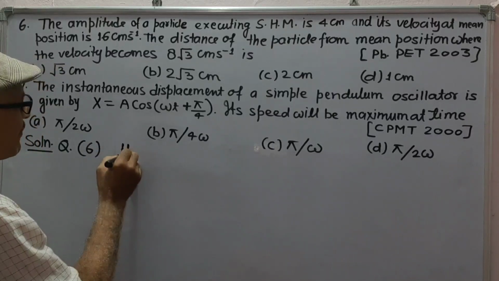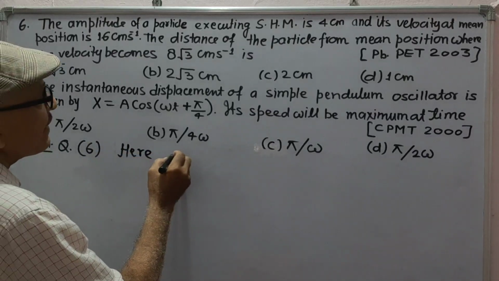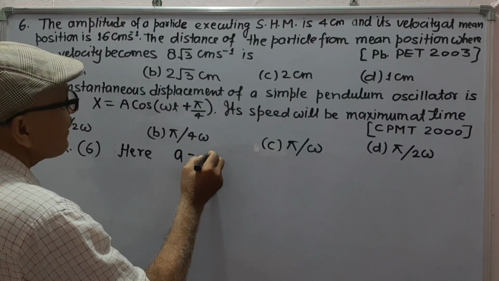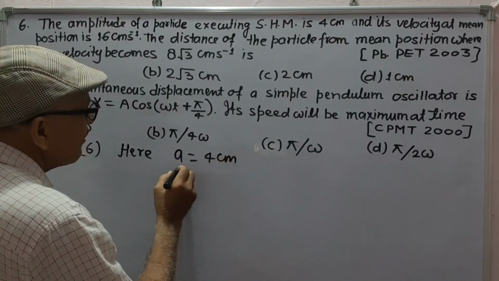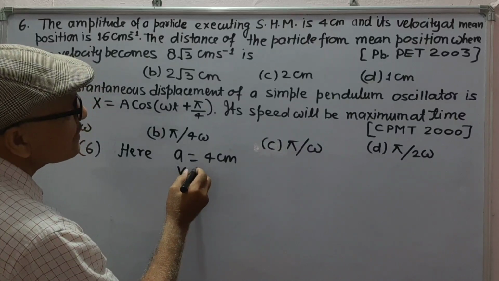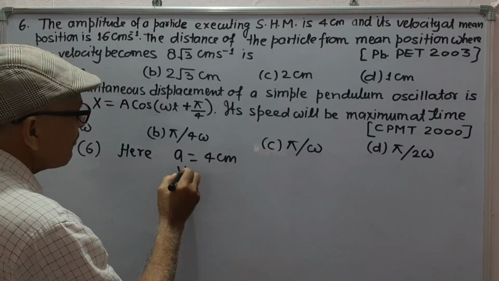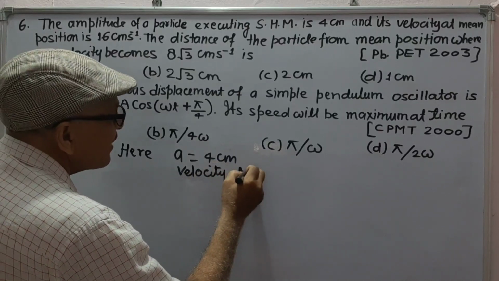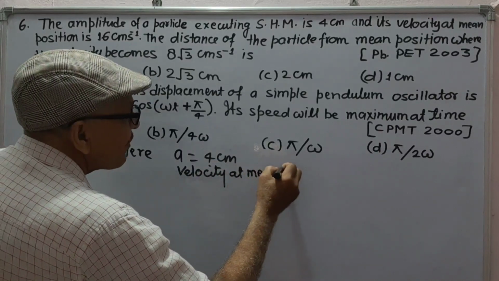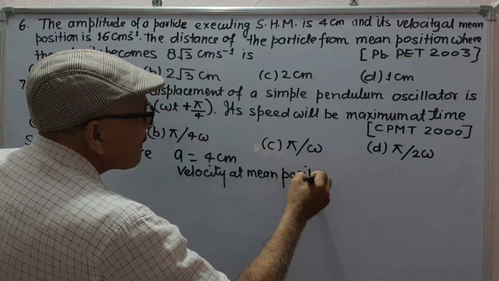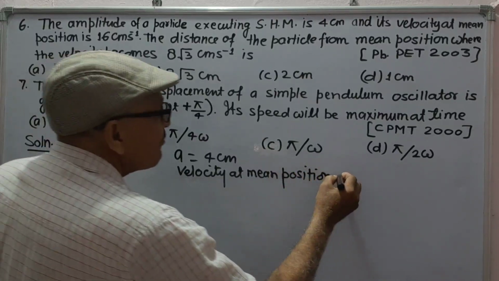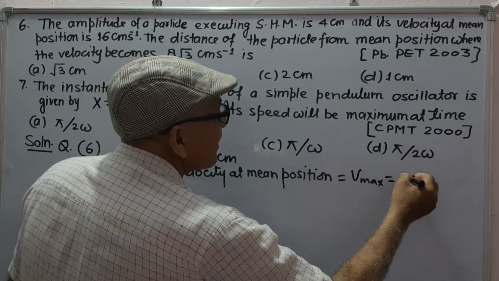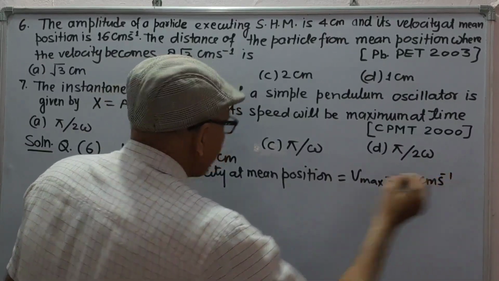Here amplitude is equal to 4 cm, and velocity at mean position, which will be v maximum, is 16 cm per second.